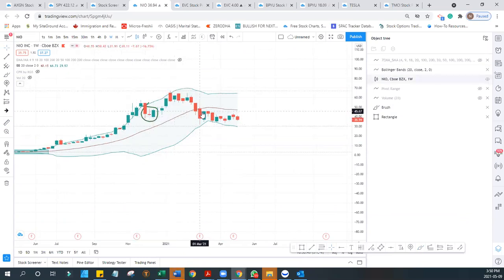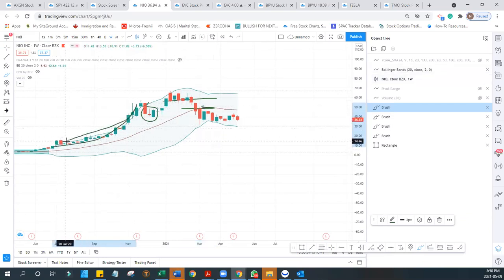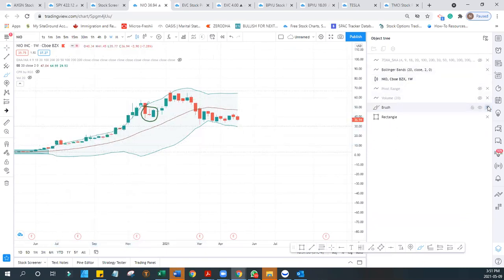But if you are a long-term investor, you don't want to get out if the price is still above the 20 SMA. This will give you an indication for the long term that price is still bullish. It's not bearish yet. But when it moves away completely and goes range bound, you have to be very cautious.